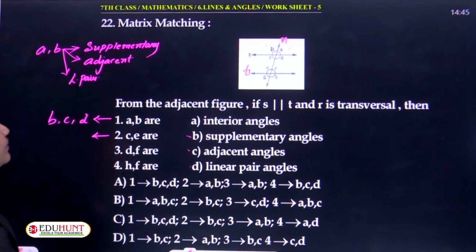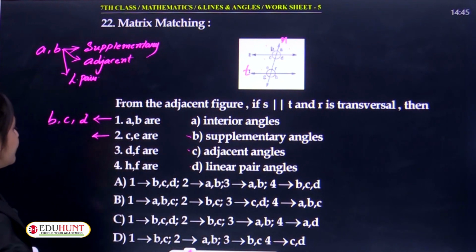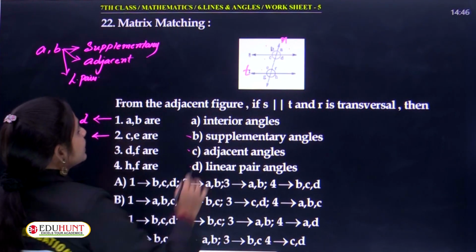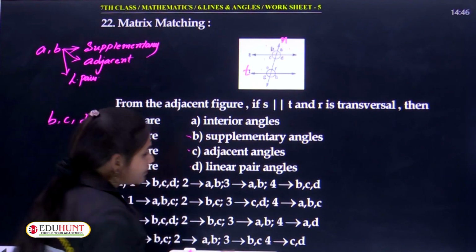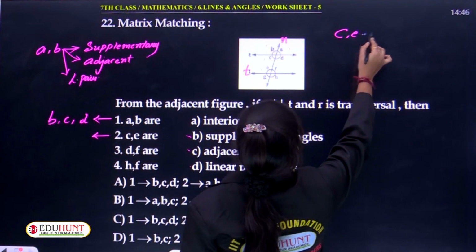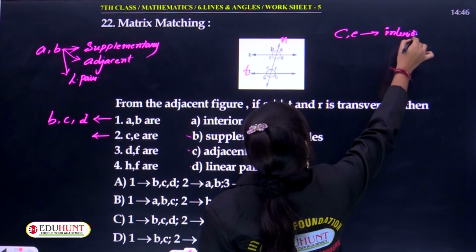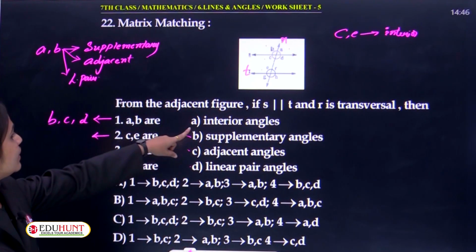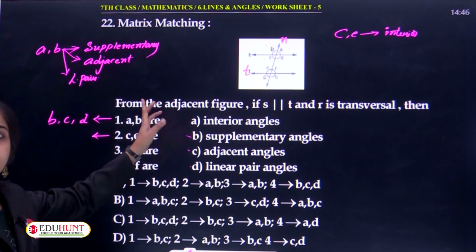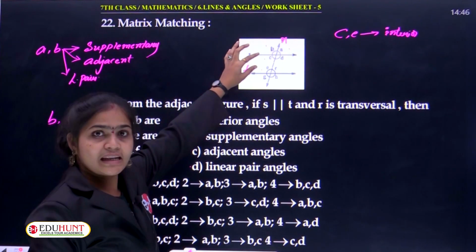Next, C, E. What will we call C and E here? C and E are interior angles. Yes or no? Those two also lie inside only, no? That's why interior angles. Next, those two are supplementary angles here. Obviously, why? Because those two are co-interior angles only, no?